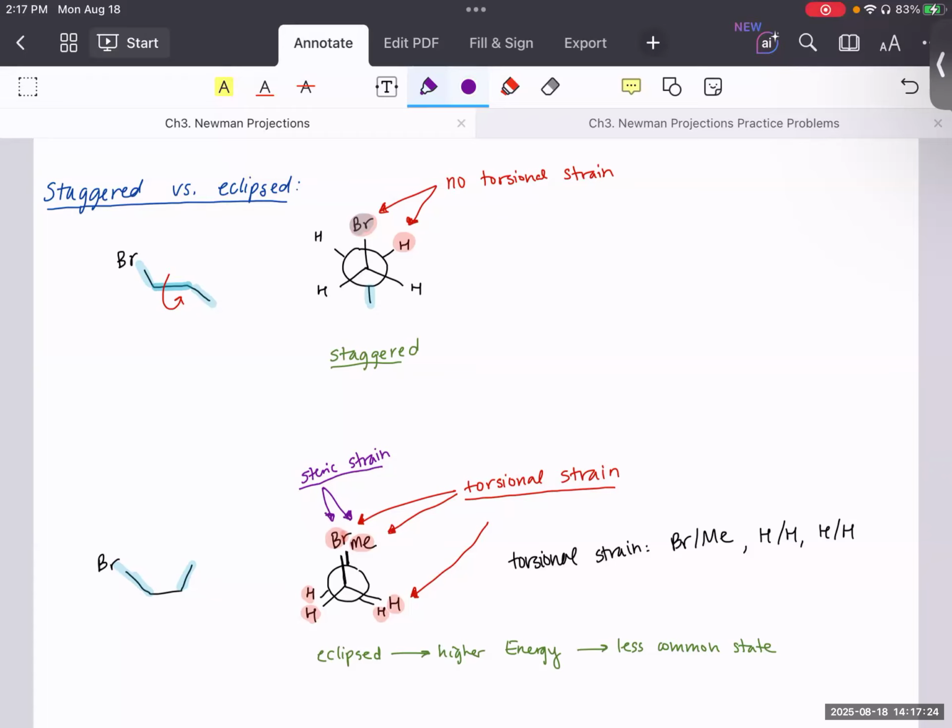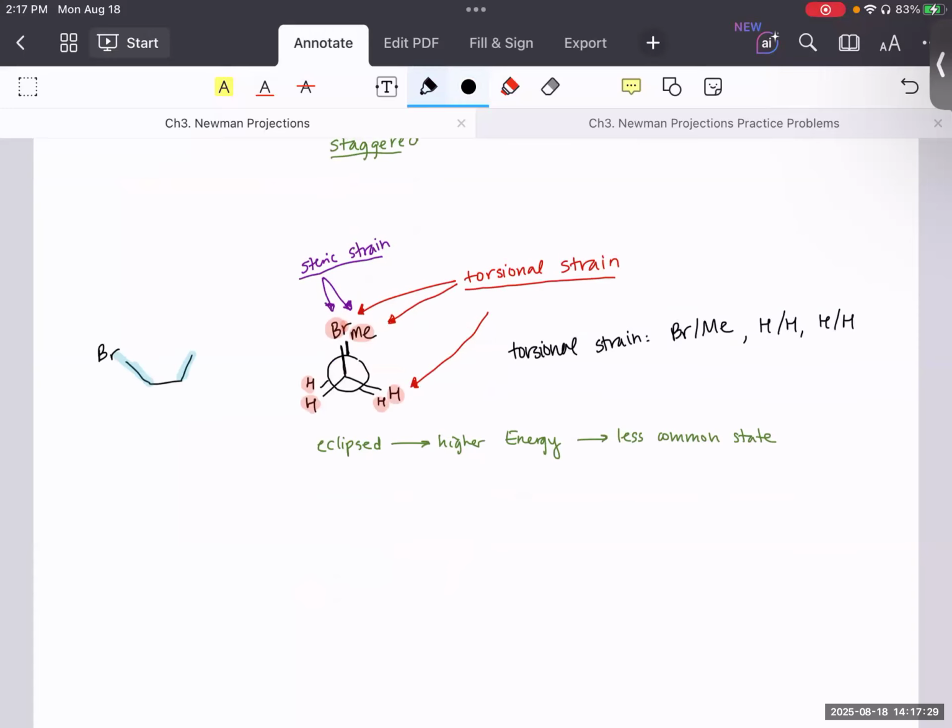For example, let's say that we had this structure here, where we keep the bromine in that top position, but then rotate the molecule so that we're now in a staggered state, but a different staggered state than that first one.